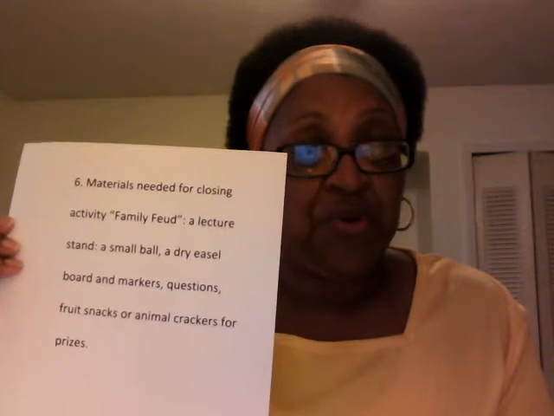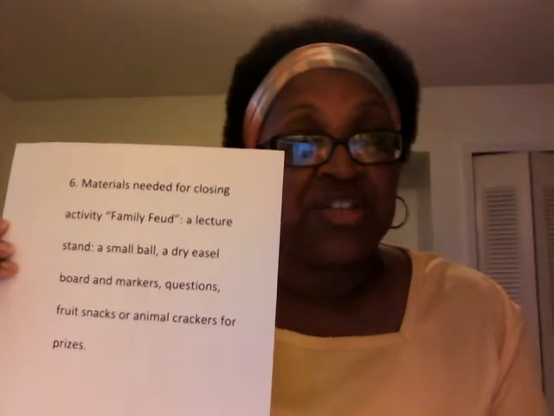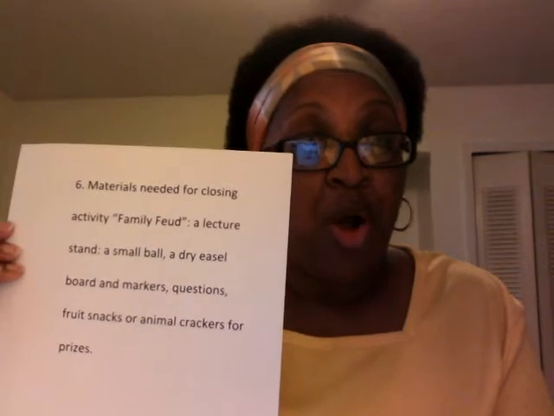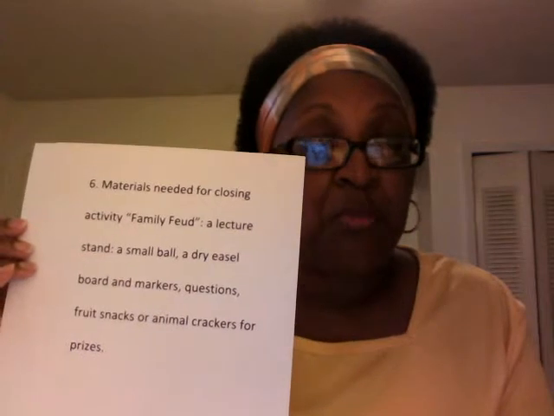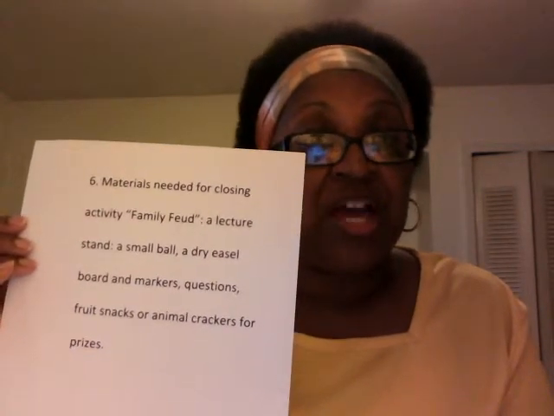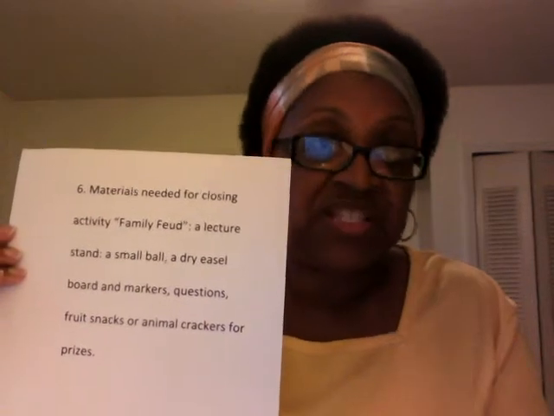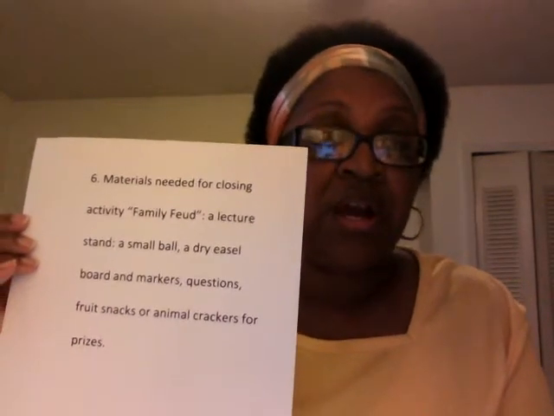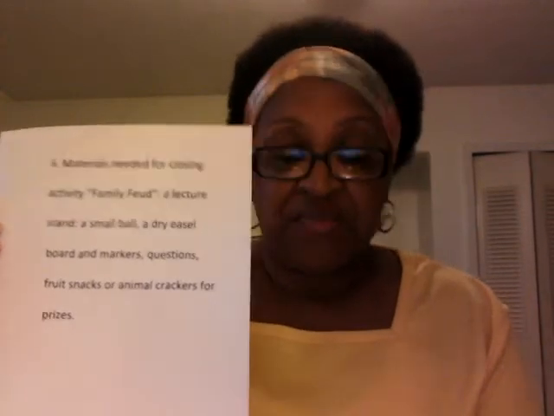And what you will need for this activity is a small lecture stand, a small ball, something that they can just fit in their hand. A dry erase board, usually on the wall, dry markers, and I usually have fruit snacks or animal crackers as their prize for whoever wins, still going along with the theme of the creation and the animals. I'll explain this in more detail when we go through the outline.